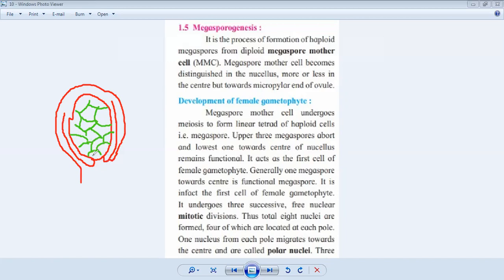So this structure acts as a megaspore mother cell, that is MMC. This megaspore mother cell becomes distinguished in the nucellus, more or less at the center but towards the micropylar end of the ovule.